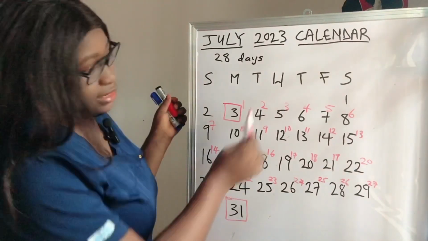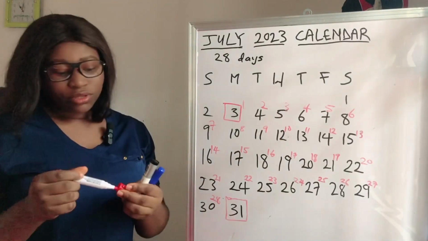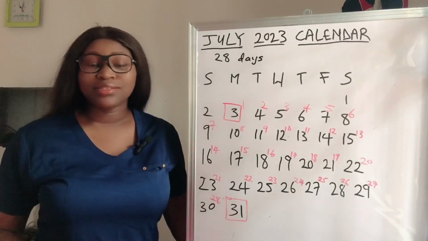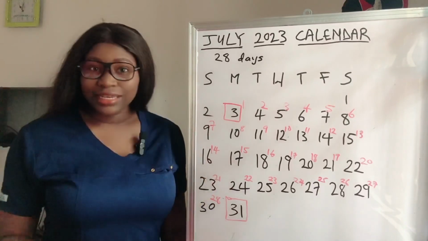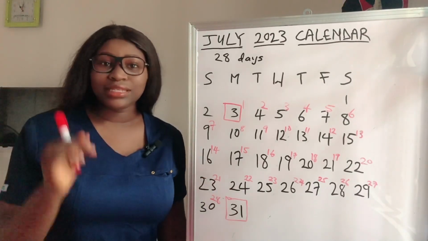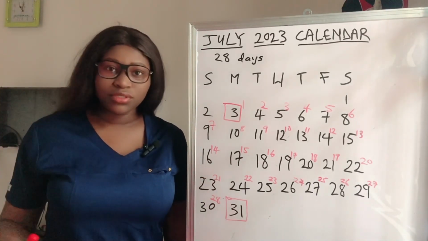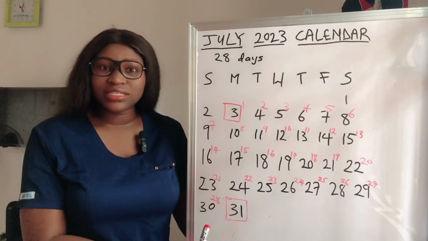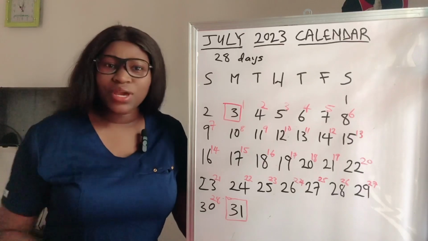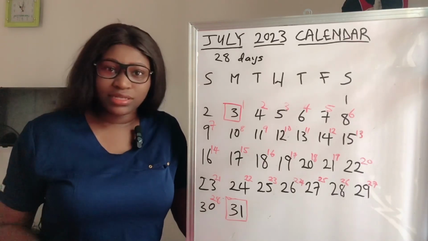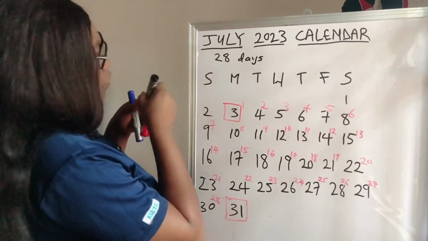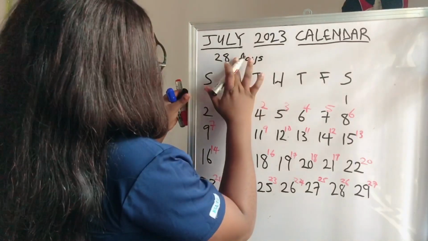So we are using a 28 days cycle as an example to calculate ovulation. So how do we calculate this woman's ovulation? Ovulation day is just 14 days before your next period. So all you have to do is to subtract. We say her menstrual cycle length is 28 days. So all you have to do is to subtract 14 from that 28 days. And what do you get? This is 28, right?